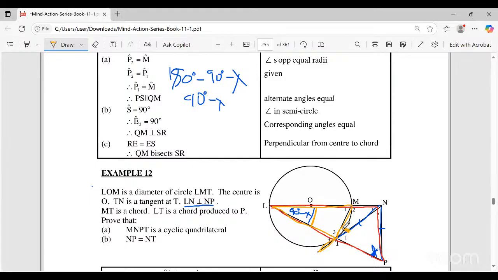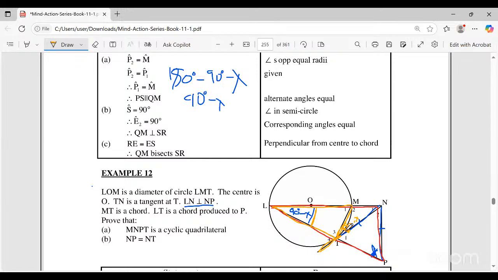Do you guys agree? Reason being tan-chord theorem. Yes, sir. Therefore, this angle will be 90 minus x, because it's between the chord and the tangent here. Does it make sense to you, Naledi? Yes, sir.